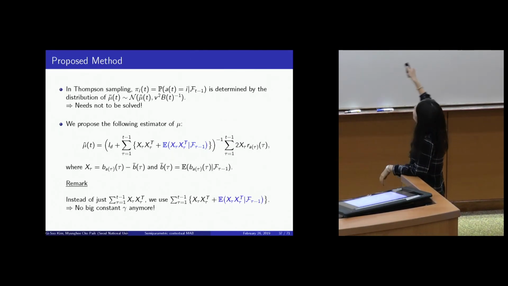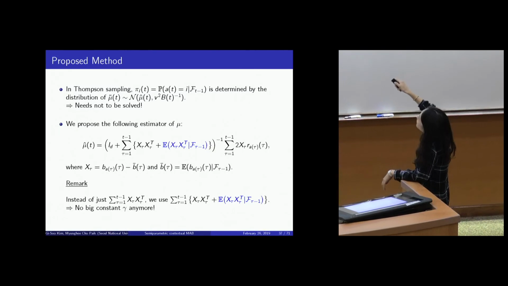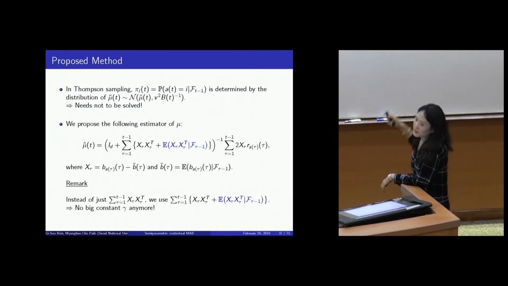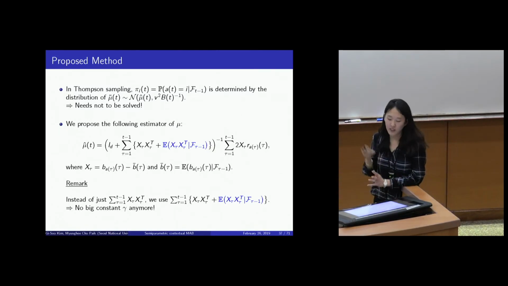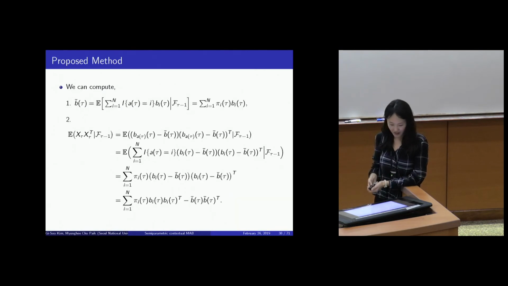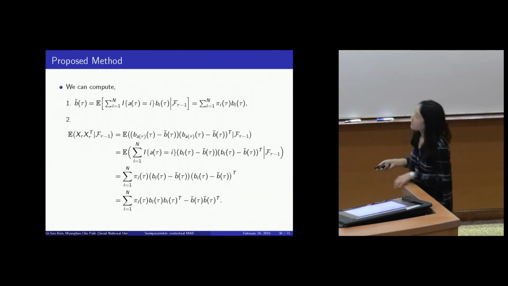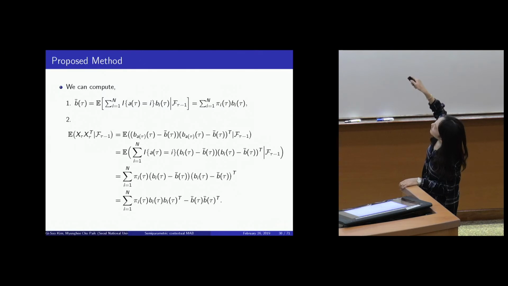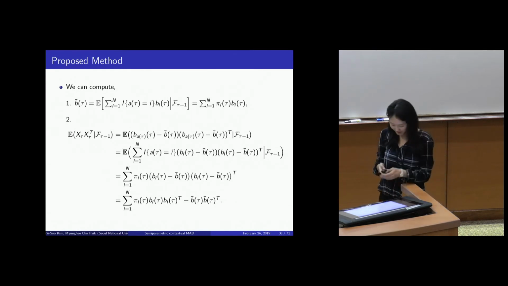And by introducing this new term, we don't require any big constant gamma on the regularization. I just wanted to show that the B bar tau used in centering and the new term, the expectation of x tau x tau transpose, can be easily computed using the probabilities pi.